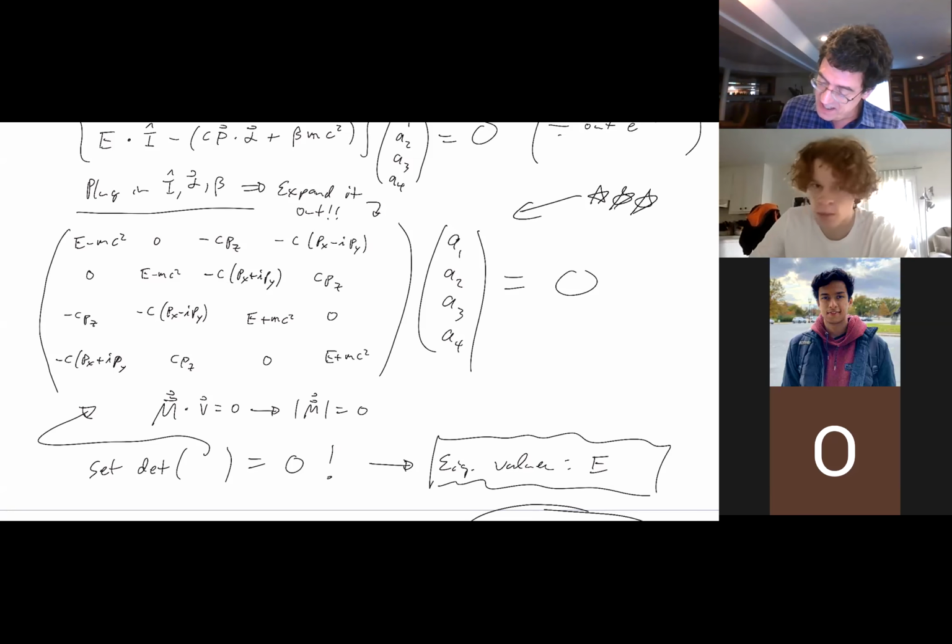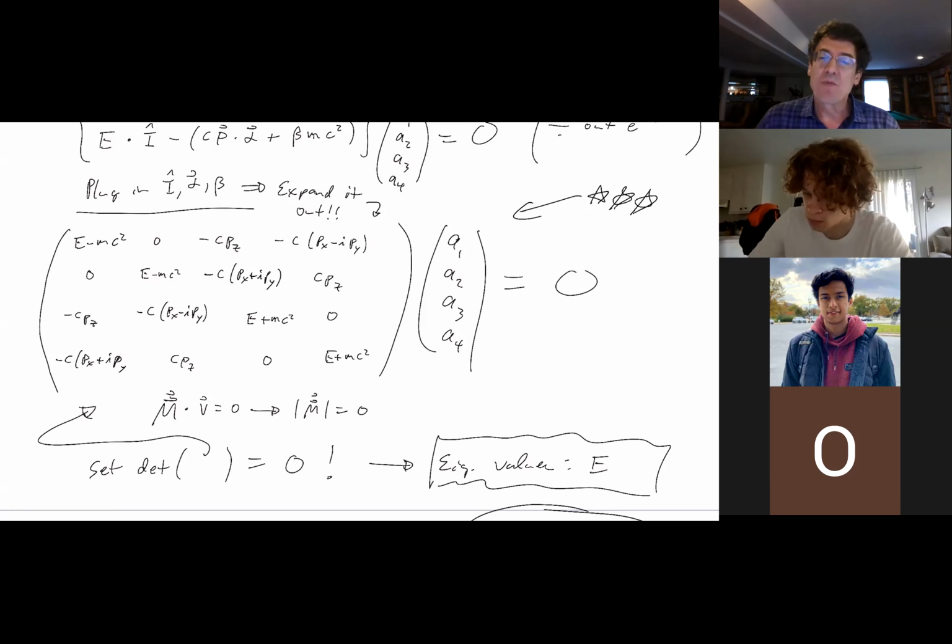So to get our eigenstates, we got this gigantic 4x4 matrix that you're looking at right there. And what do I do to get my eigenstates? Say it again. Basically substitute the energy eigenvalues that we found back into that matrix and solve for A1 through 4. That's exactly right. So plug eigenvalues in.